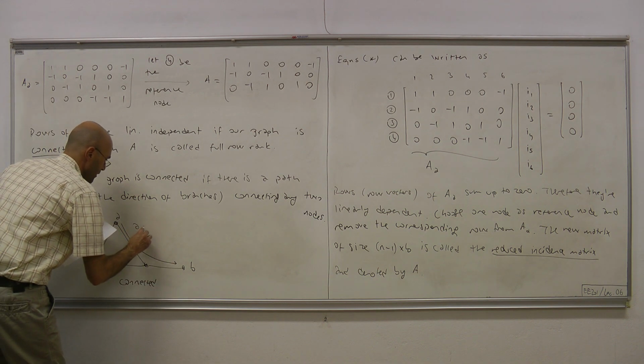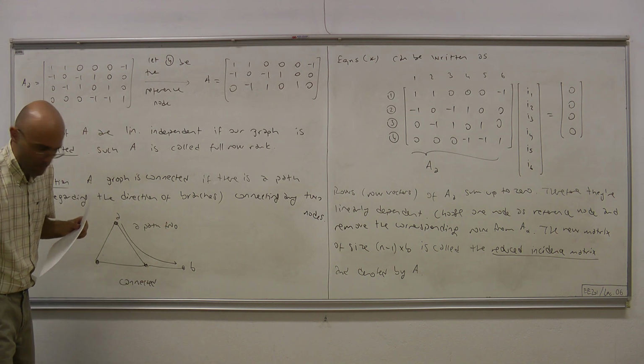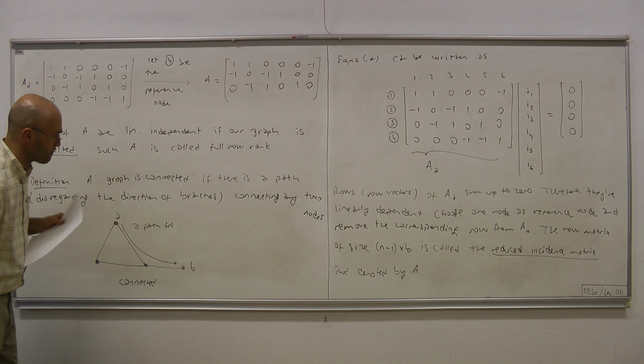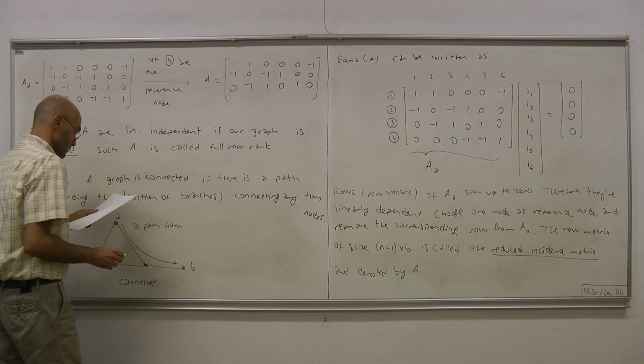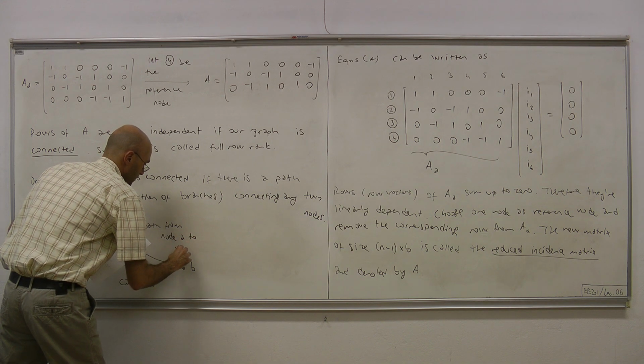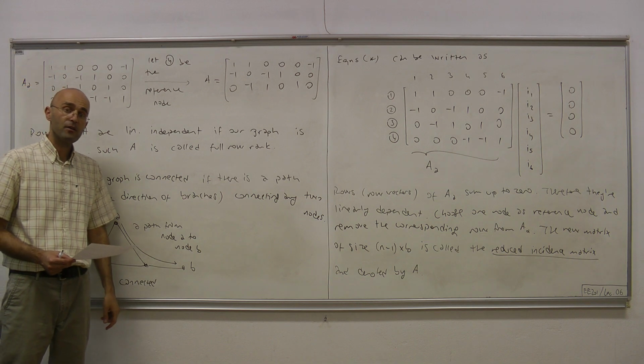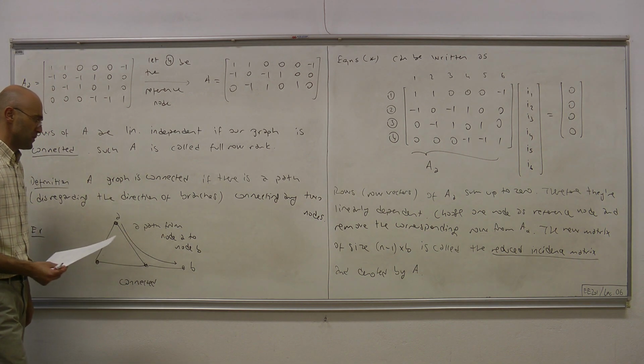Okay. A path from node A to node B. Likewise, for any other pair, you can clearly see that there is a path.